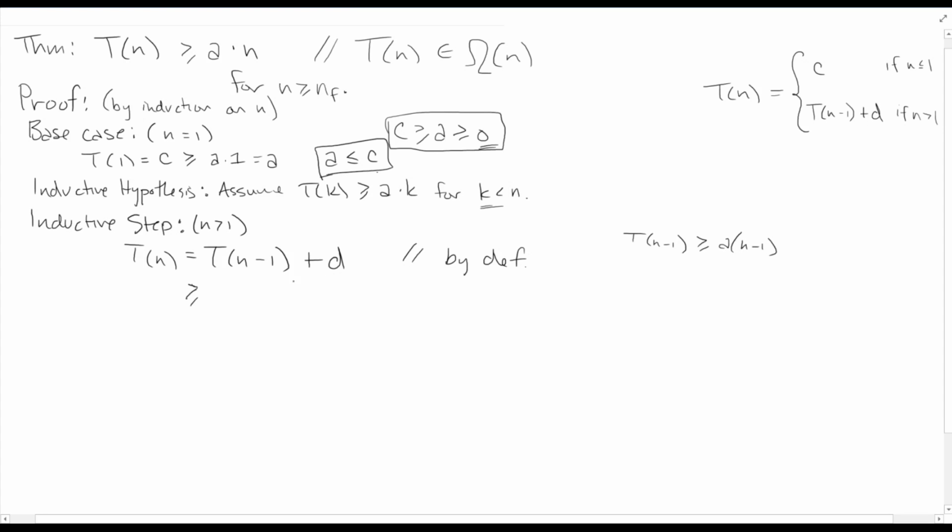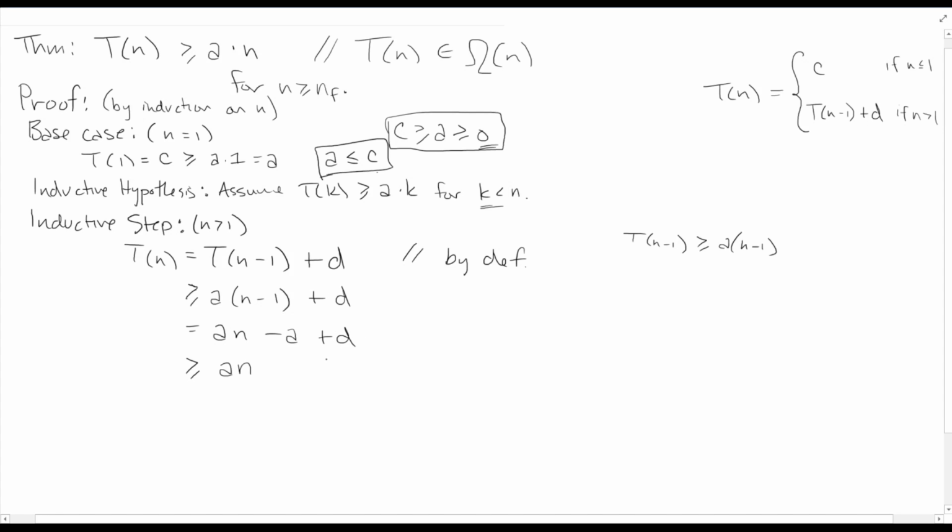But that means we can now replace this term here. The T of N minus 1 term must be greater than or equal to A times N minus 1 plus our D. And again here, we get AN minus A plus D. And we're trying to show that this is greater than or equal to A times N.